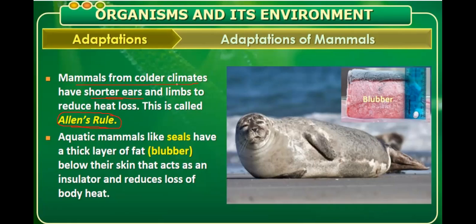This is called Allen's rule, to reduce surface area. Aquatic mammals like seals have a thick layer of fat, called blubber, below their skin that acts as an insulator and reduces loss of body heat. In this way, the seal is adapted to a colder climate.